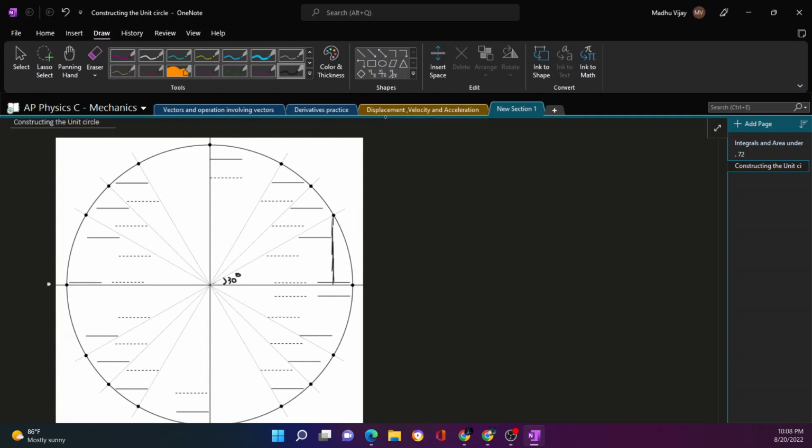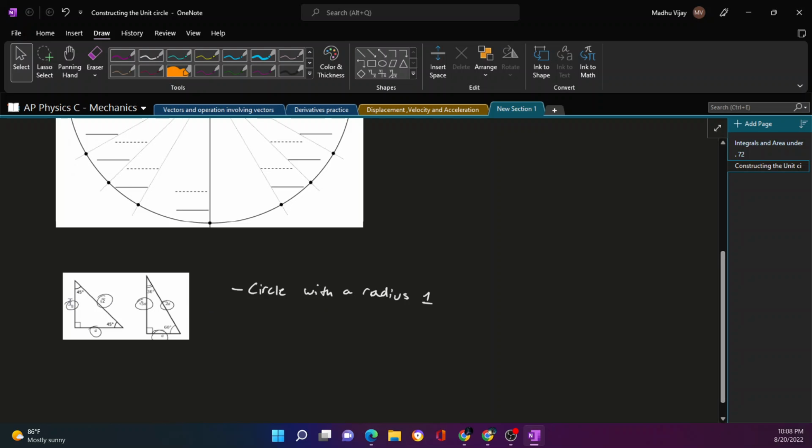Pretend this is just the radius. Now, if this is 30 degrees, we know this has to be 90 degrees, and this is 60 degrees right here. Given this information, we now go back to our special right triangles.